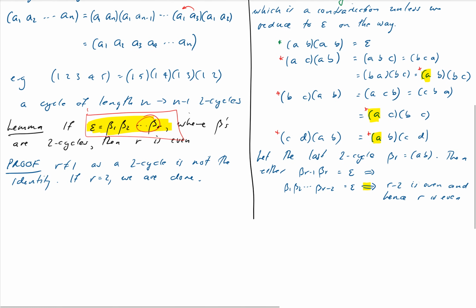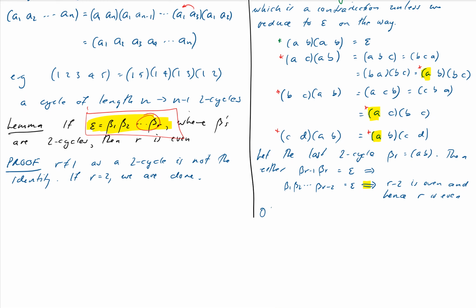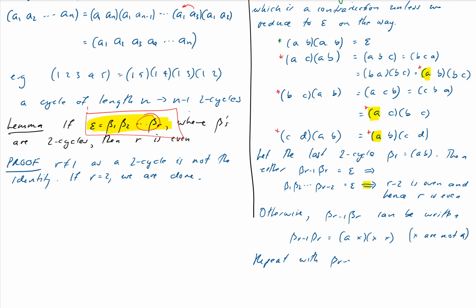Otherwise, so now I'm just going to scroll up a little bit. Beta r minus 1 beta r can be written as A something something something, where the x's are not A. So now we repeat with beta r minus 2, beta r minus 1.